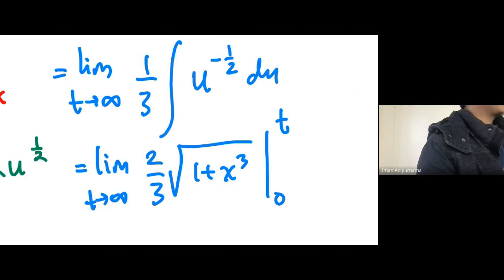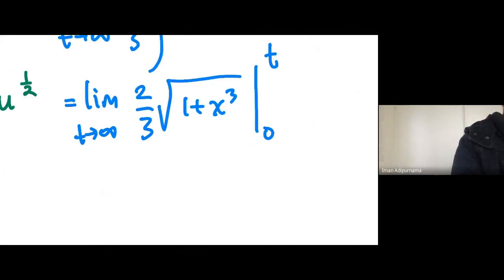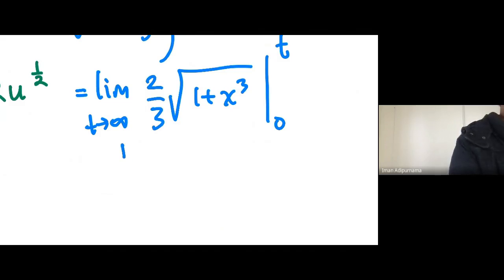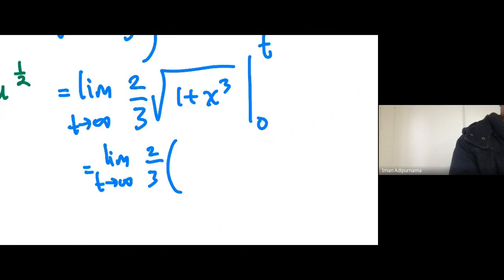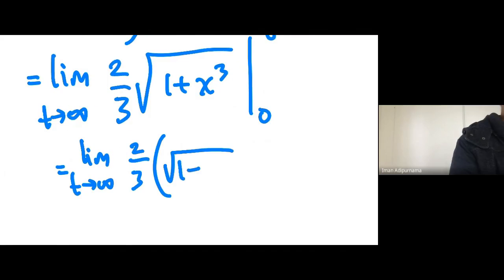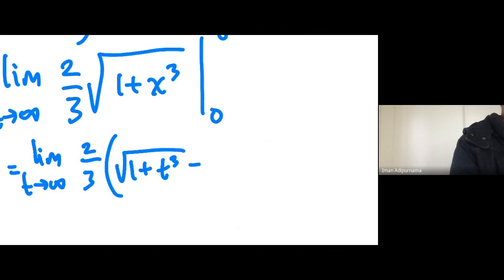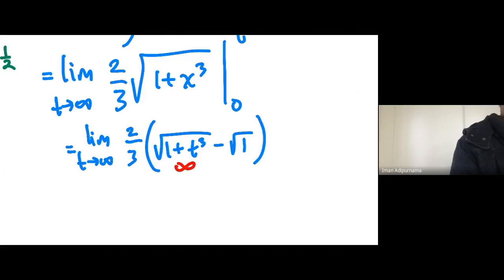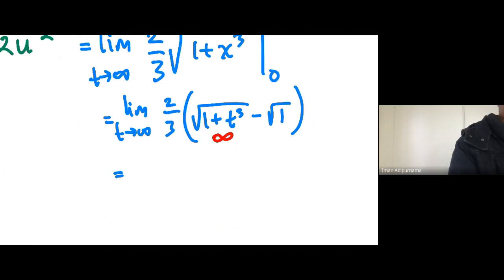So I'm skipping some process, okay, so I hope you don't mind. I will get the result is 2/3 times square root of 1 plus t cubed minus 1, right? And this still goes to infinity, right? So I can conclude this is infinity, and we can write this is divergent.